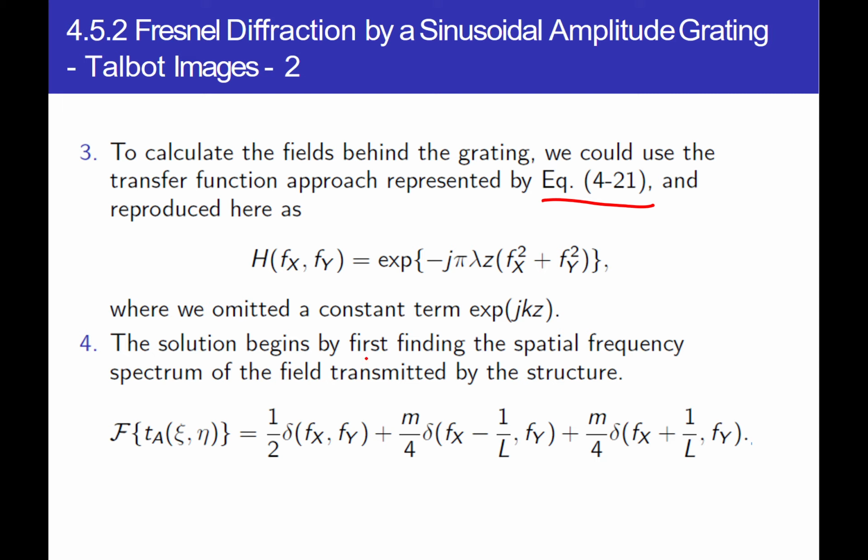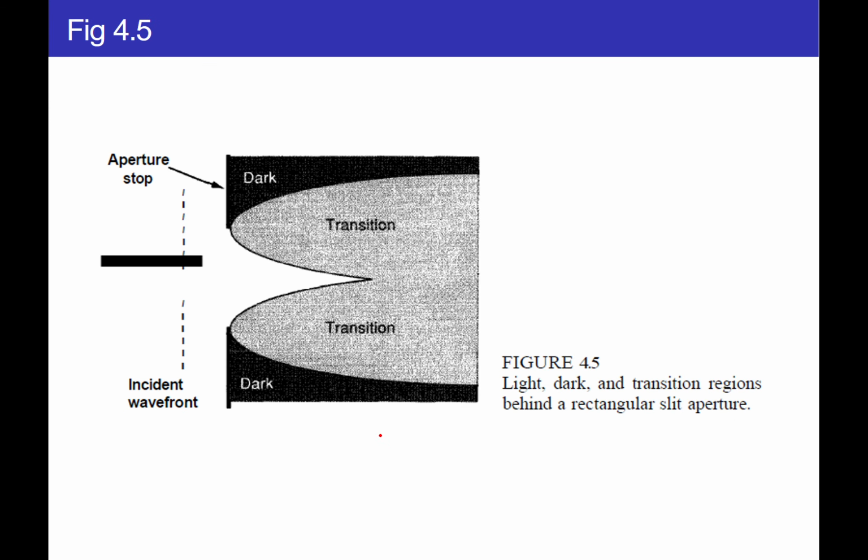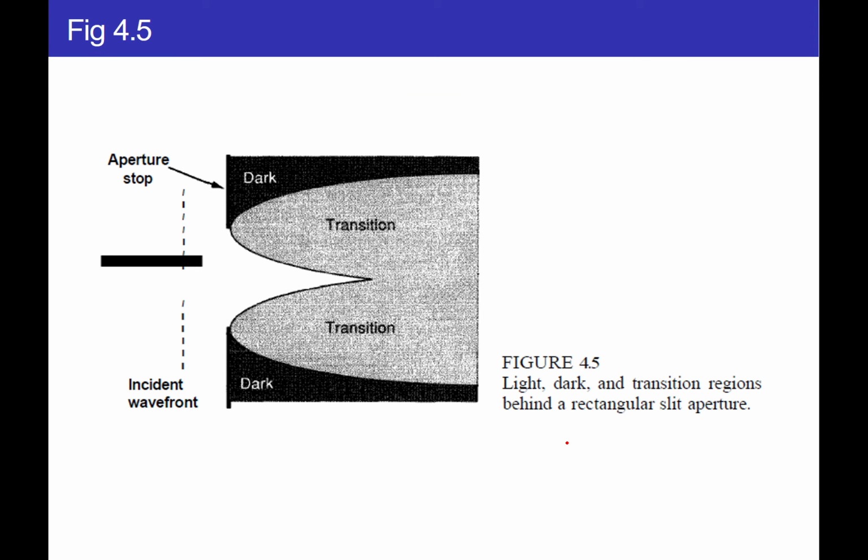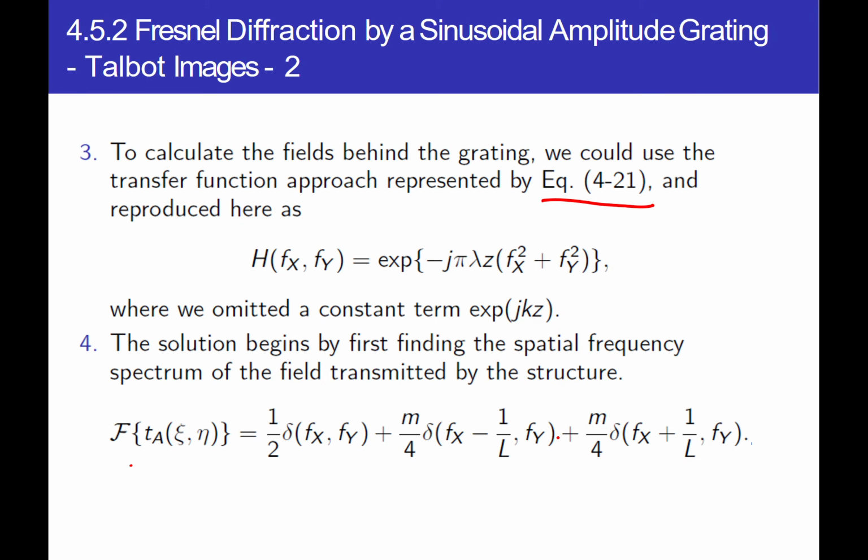The solution begins by first finding the spatial frequency spectrum. The field transmittance is given by this one. Remember that this can be decomposed into two exponential functions. Then the Fourier transformation of the transmittance is given by this one.